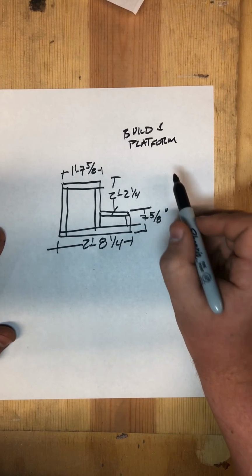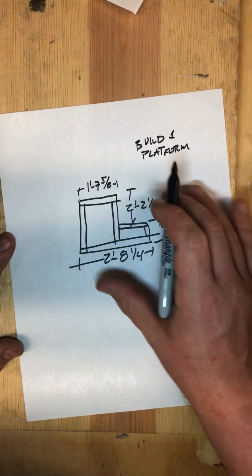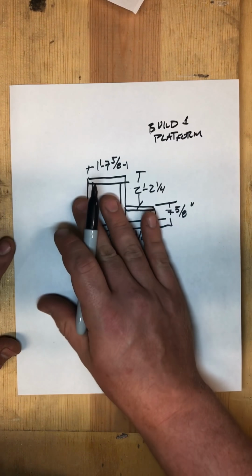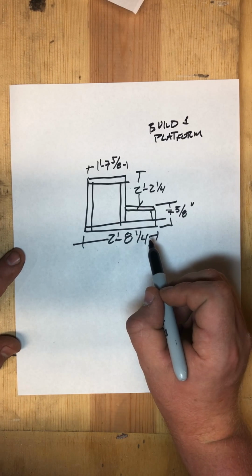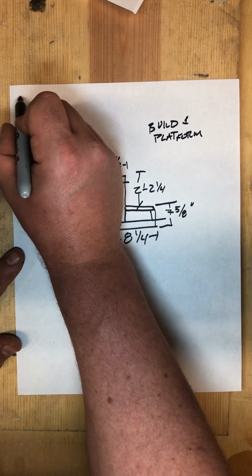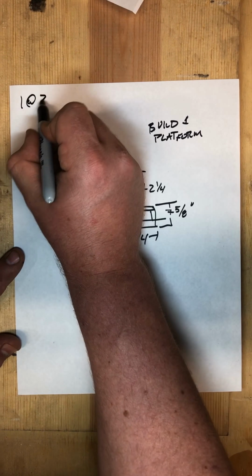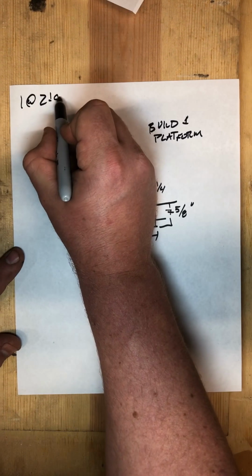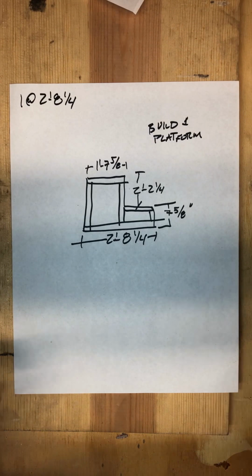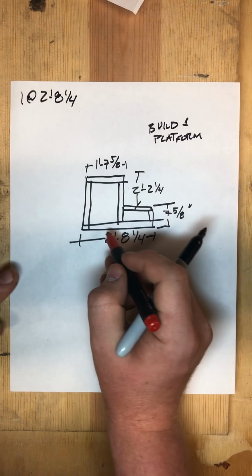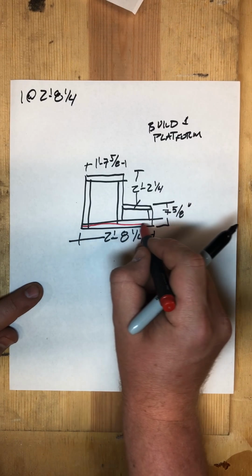Okay, so then I'm just going to make a make-do cut list over here until I know what everything is. So I look here, and this one's already given to me, and that is 1 at 2 foot 8 1/4. And since this is kind of weird and I need to keep track of things, I'm just going to draw a line.